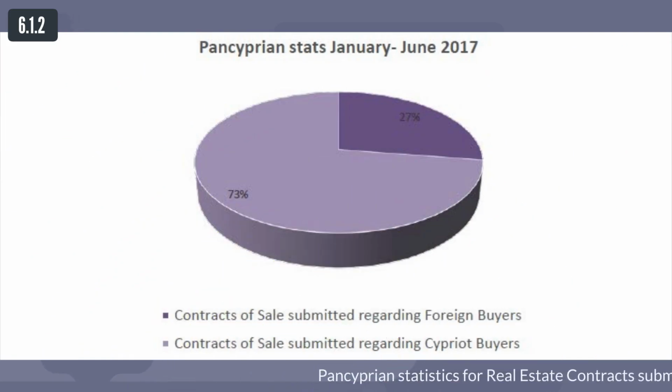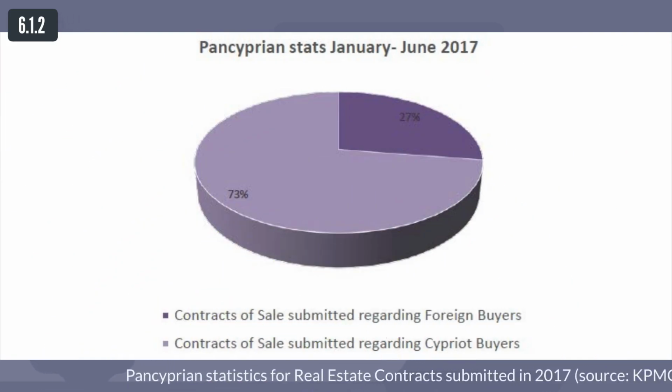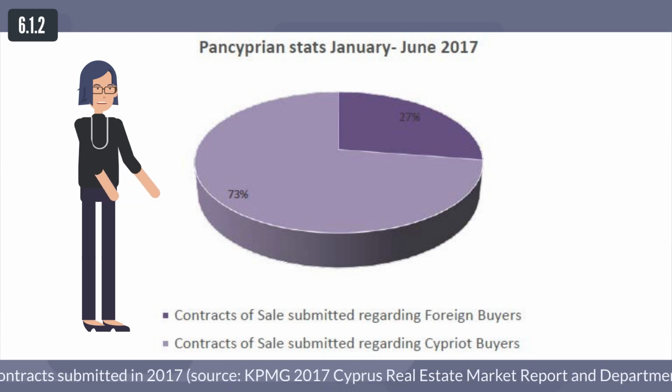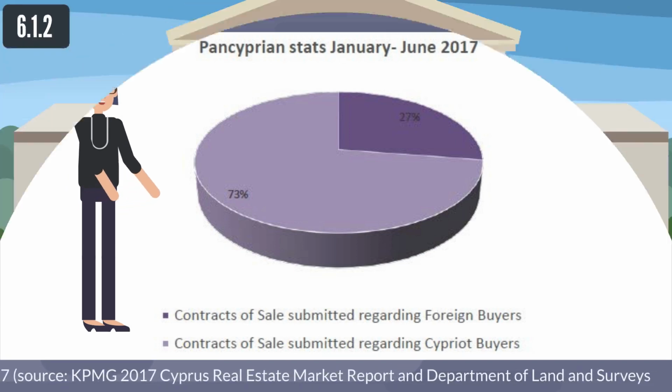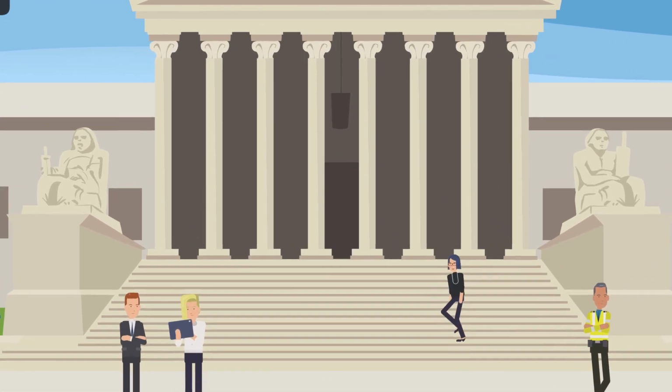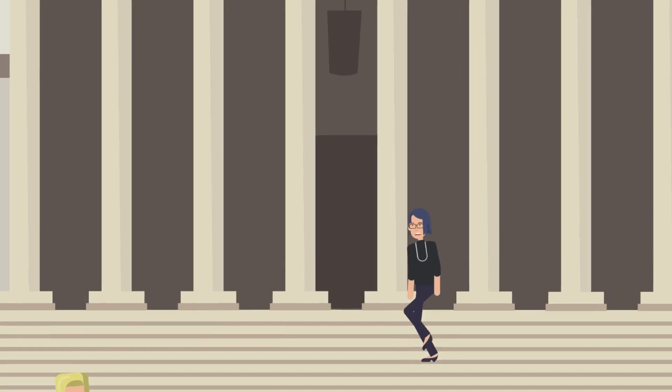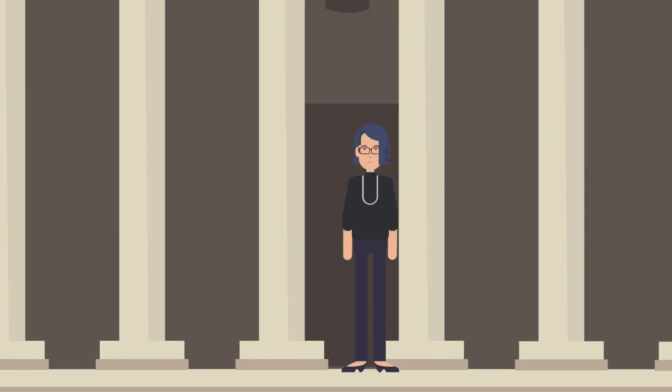This recovery of the real estate market and the increase in transactions is substantially related to the government's scheme for naturalization of investors. By exception, 27% of the total property sales contracts submitted to the land registry for the first 6 months of 2017 were related to foreign buyers. In addition, it is noted that foreign investors are interested in prime locations with close proximity to the beach.